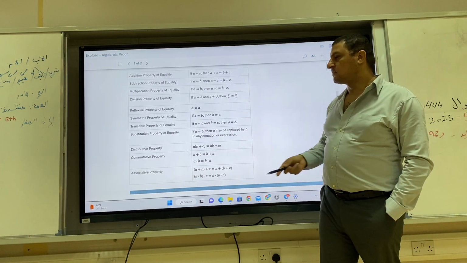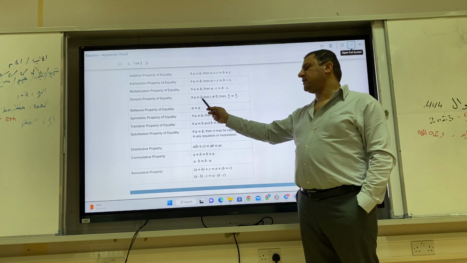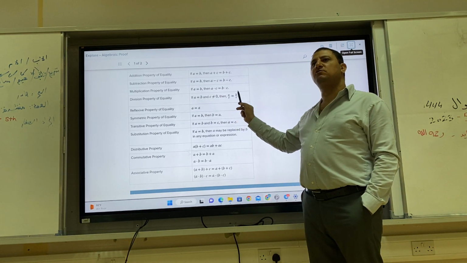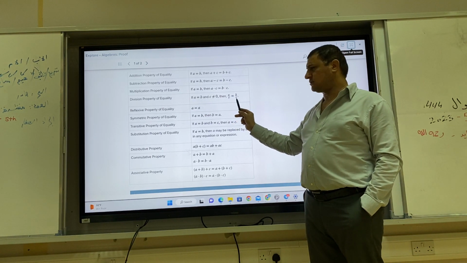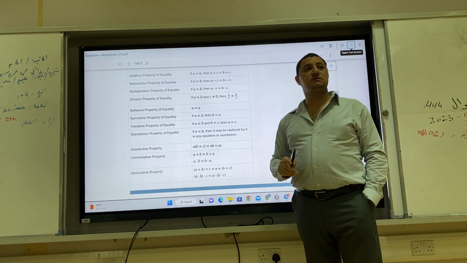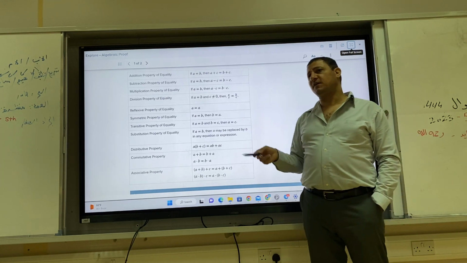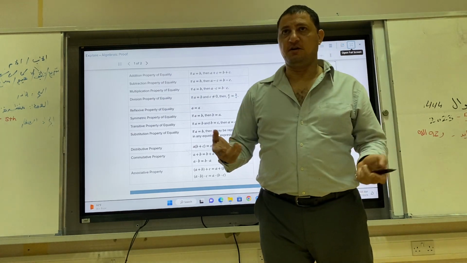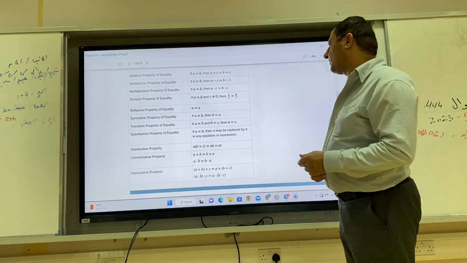Easy so far? The same with division: if A equals B, then A divided by C equals B divided by C. Just make sure that the denominator is not 0, because if you divide by 0, you get an error. It's an undefined value.